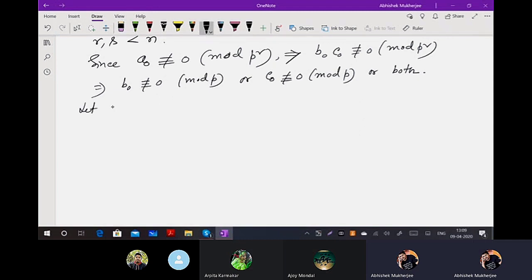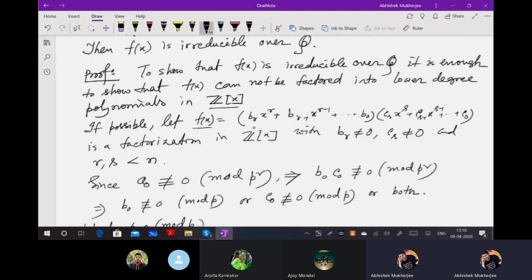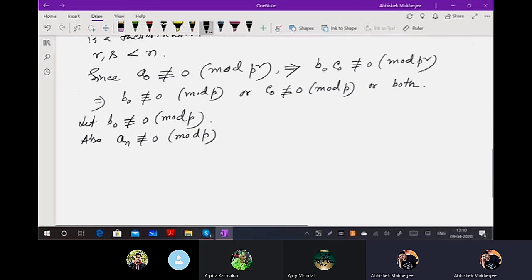Now let us suppose that b_0 is not congruent to 0 mod p, that is, p does not divide b_0. Then again note that the leading coefficient a_n is not congruent to 0 mod p. So this holds. What would be the leading coefficient if we execute the product? b_r c_s will be the leading coefficient, and a_n is the product of b_r and c_s.